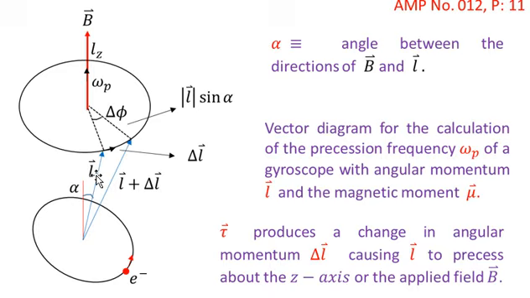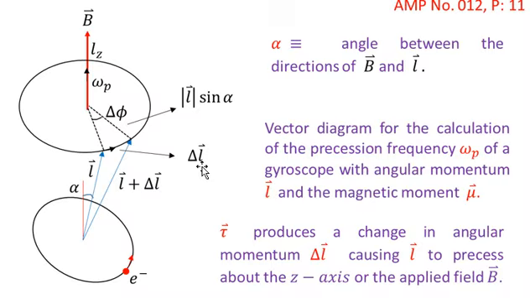After some time, this angular momentum L will take a new position, equal to L plus delta L. And delta L is also shown on the upper loop.